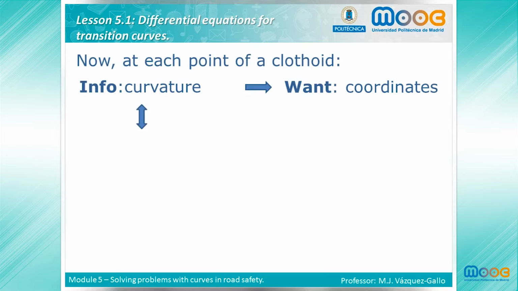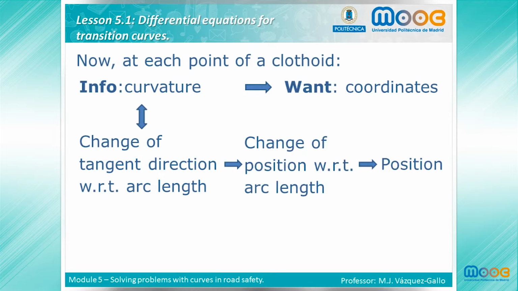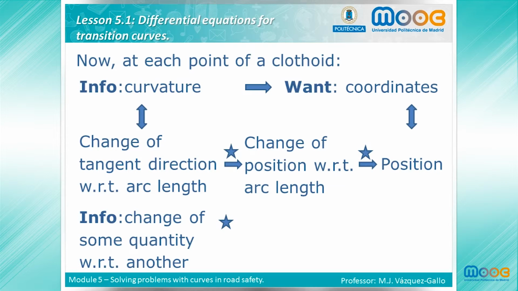Now, curvature deals with the size of variation of tangent direction with respect to arc length, and the tangent direction deals with the variation of the position. In these two steps, we have info about the change rate of some quantity with respect to another, and we want to recover this original quantity.